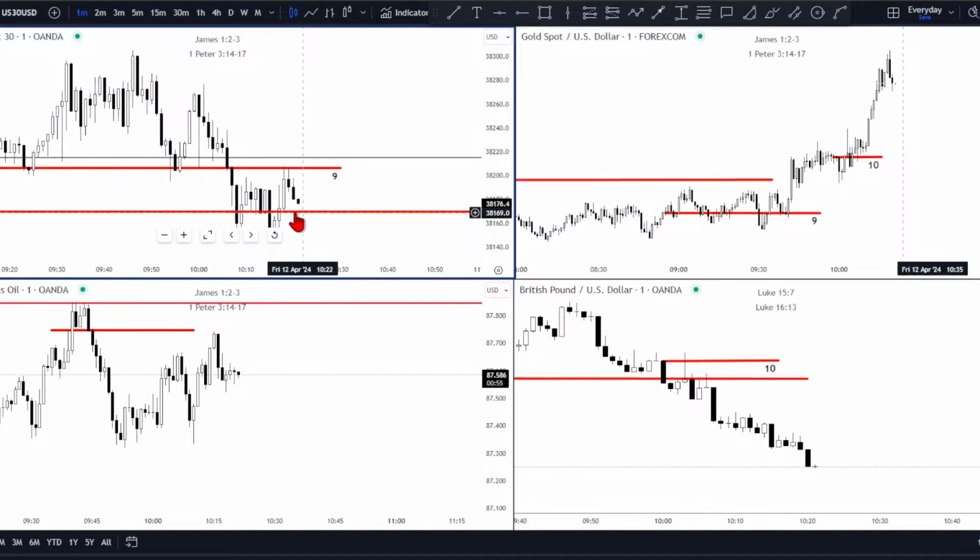I'll be honest, this almost convinced me. Like, I almost went long on this candle, but I popped up to the 1 hour and I did not feel good about it.